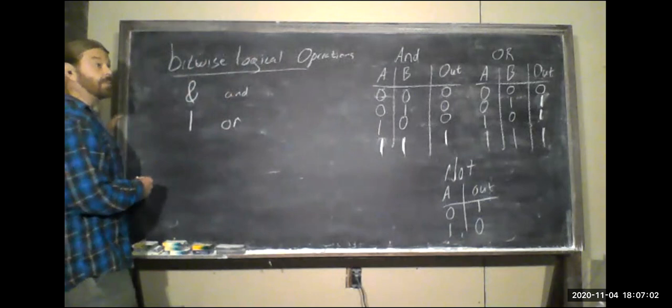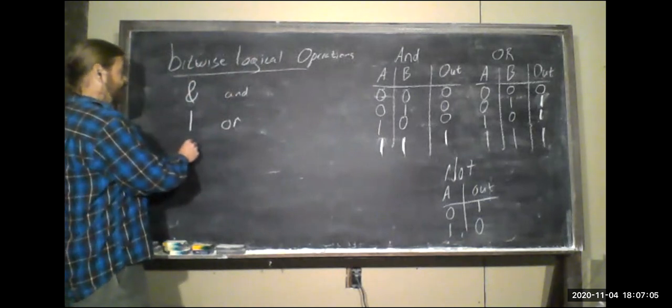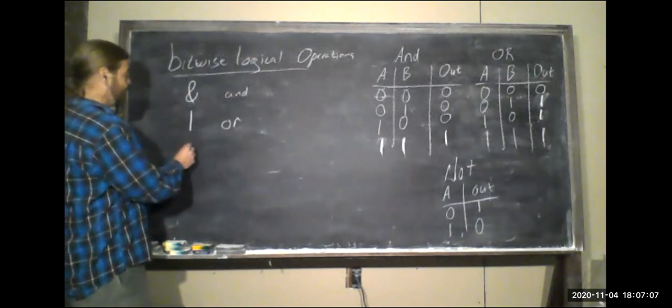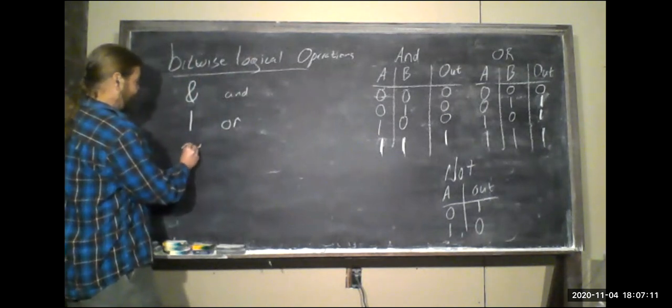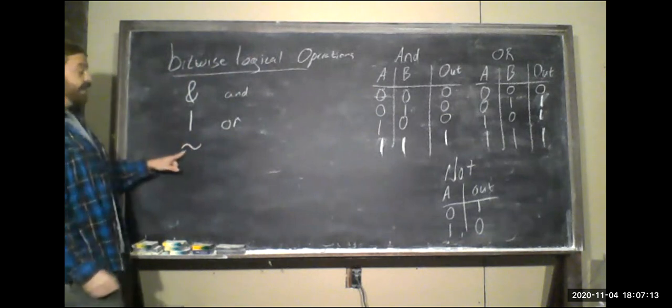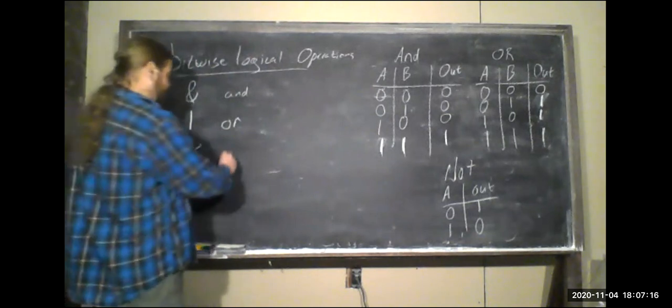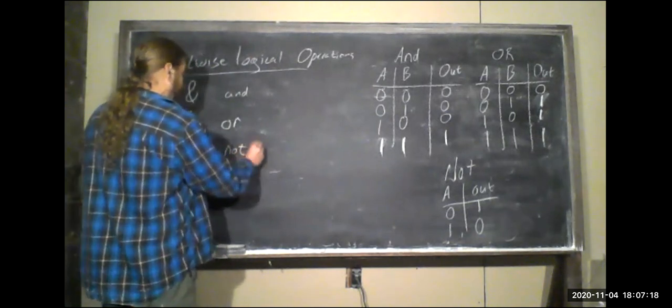It's called the pipe symbol. And not, well, that one varies language to language. But in Python, we'll use a tilde to represent the bitwise not.